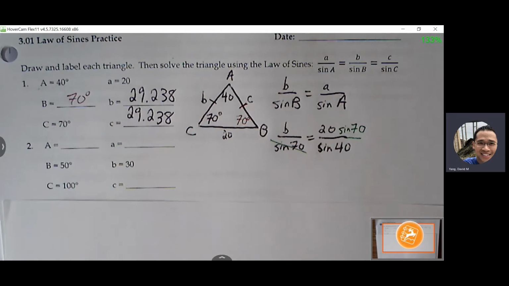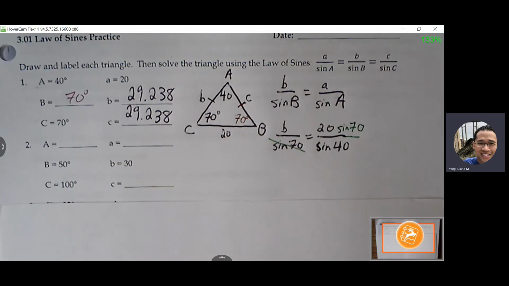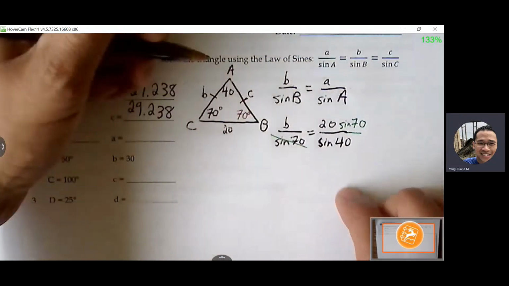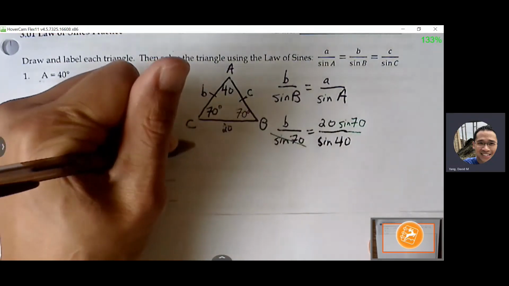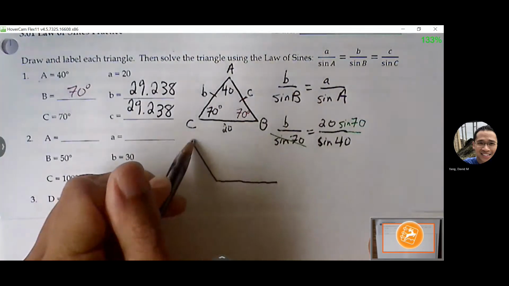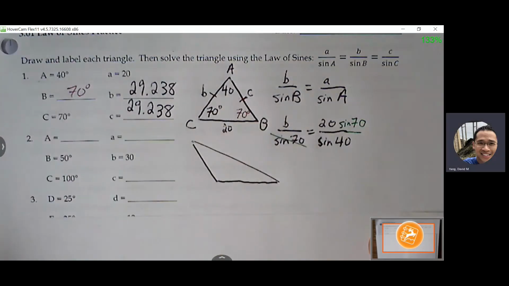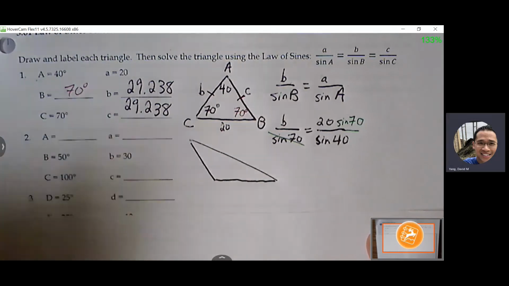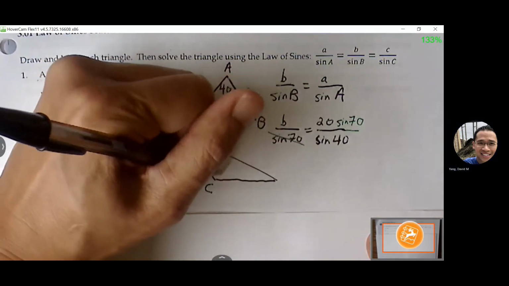Okay, I'll set up part B, number 2 and then see if you guys can finish it. Again, your triangle may not look like mine. It's okay. I want to target that obtuse angle there, the 100.